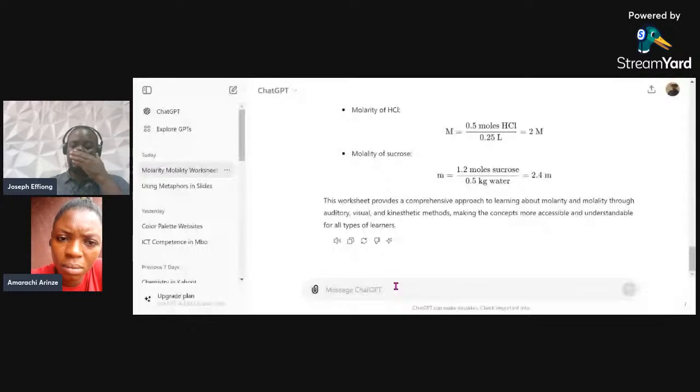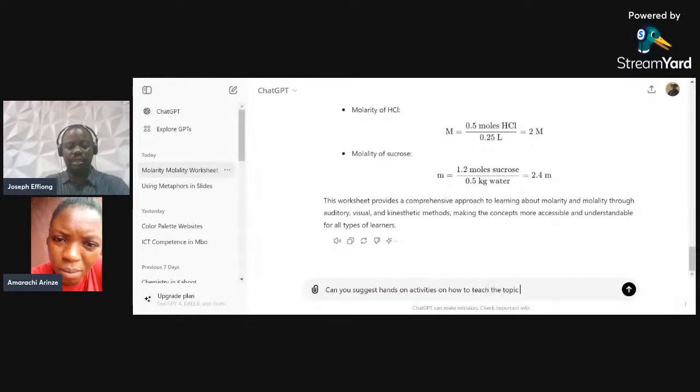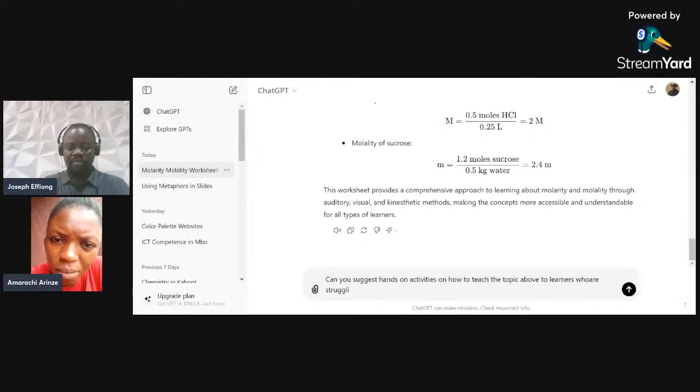Now, can you suggest hands-on activities on how to teach the topic above to learners who are struggling to understand chemistry?